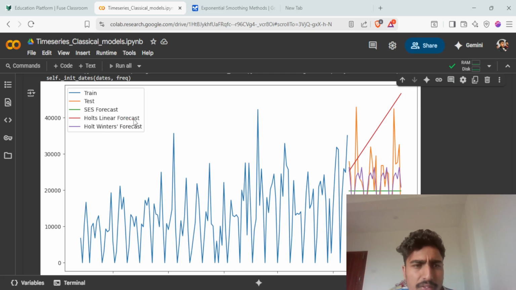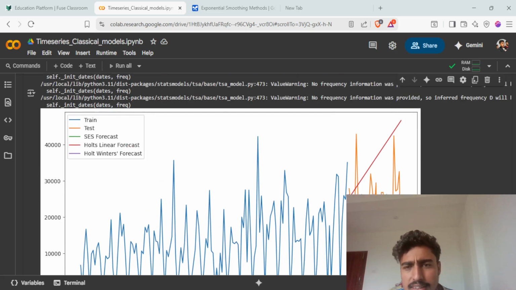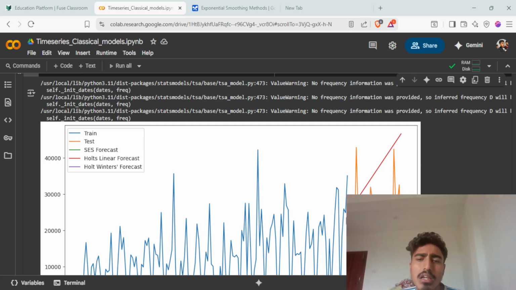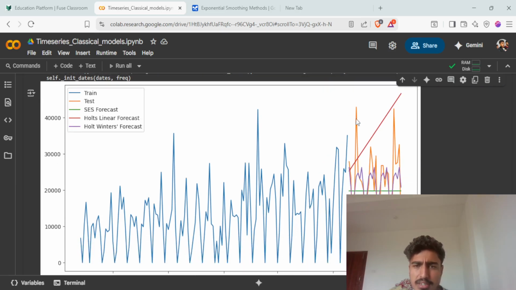We have the Holt linear forecast represented with the red line, and look at how it is different from the SES forecast. It has considered the trend also. You can see that it is quite in an uptrend direction. Here is an uptrend, and similar to that, the peak values have risen from here.